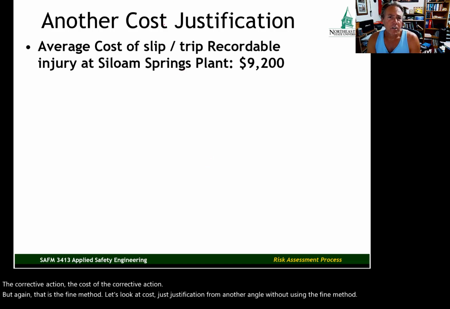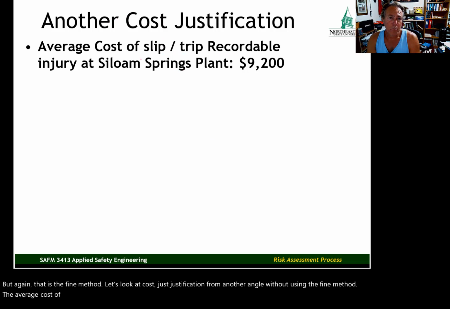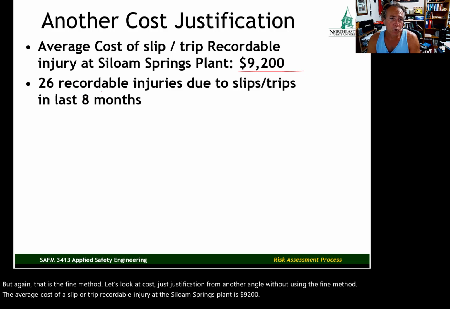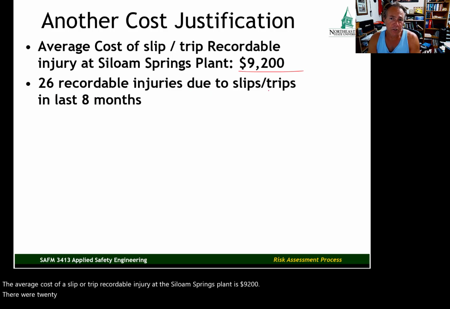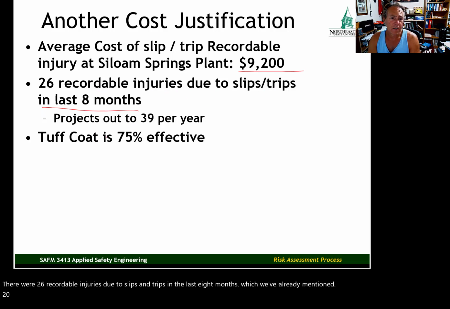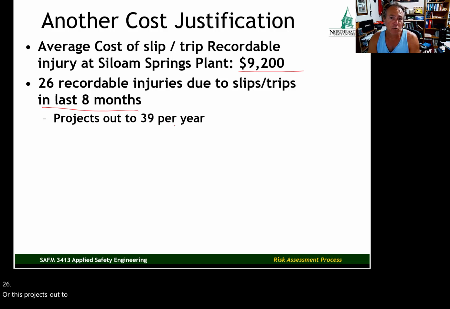Okay. The average cost of a slip or trip recordable injury at the Siloam Springs plant is $9,200. There were 26 recordable injuries due to slips and trips in the last 8 months, which we've already mentioned. This projects out to 39 slip trip injuries per year.